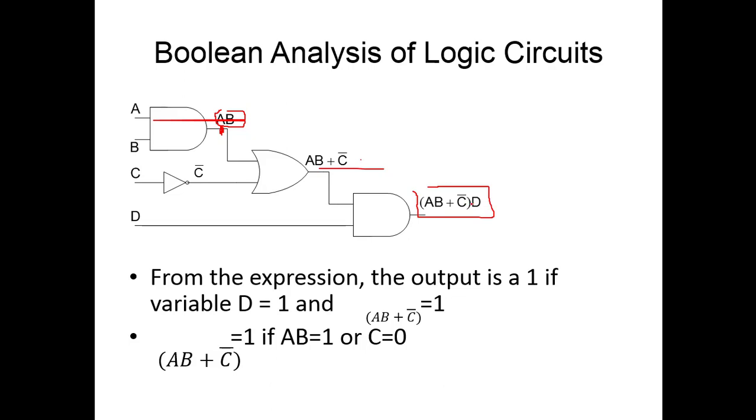One term is D, another term is (a, b plus c complement). Now the output is 1 if and only if both of these expressions are equal to 1. If D is equal to 1 and if this other term (a, b plus c complement) is equal to 1. And you can easily evaluate this expression with the help of truth table.